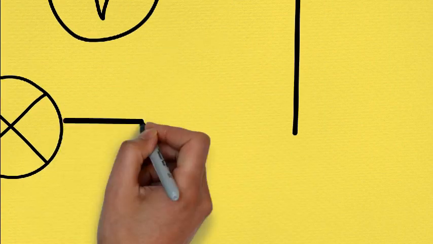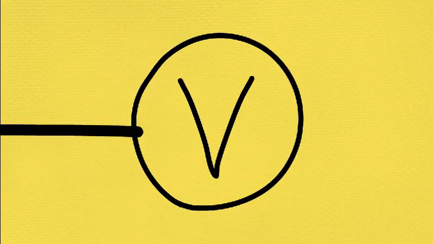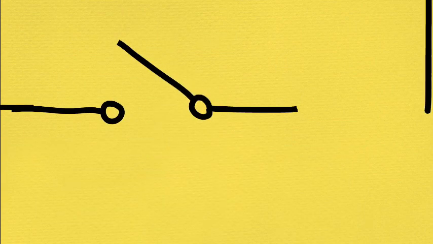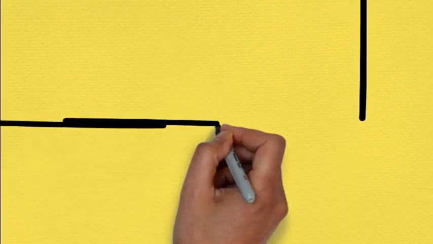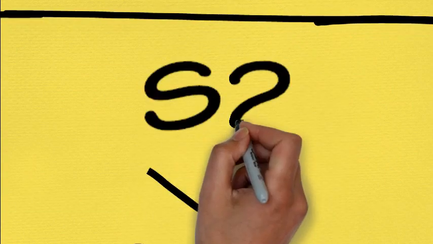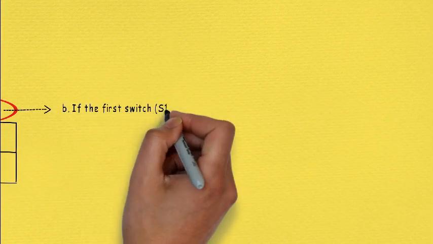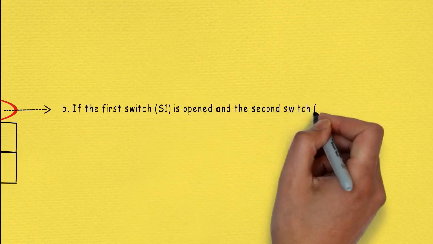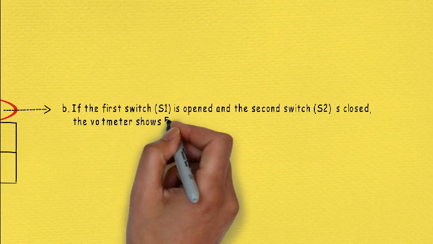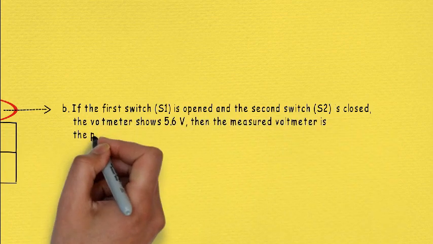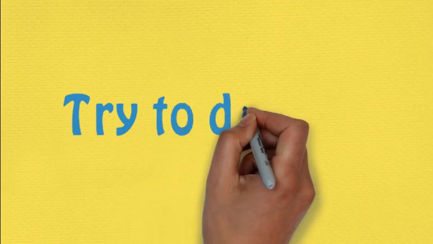And in the second picture, if switch 1 is open and switch 2 is closed, the voltmeter shows 5.6 volts. Then what is measured on the voltmeter is the pin's voltage.